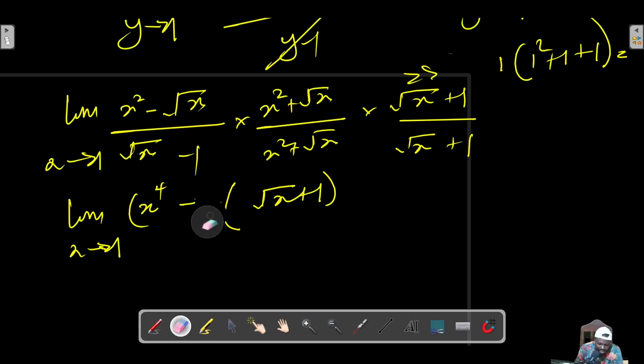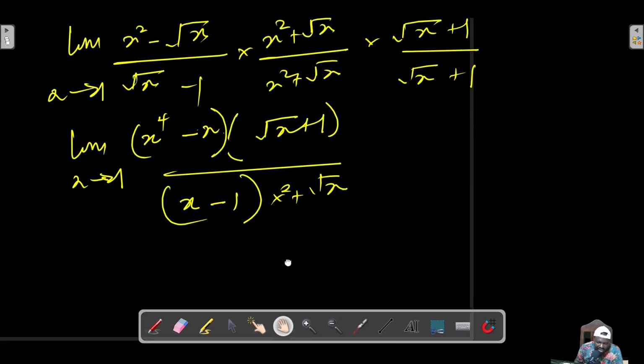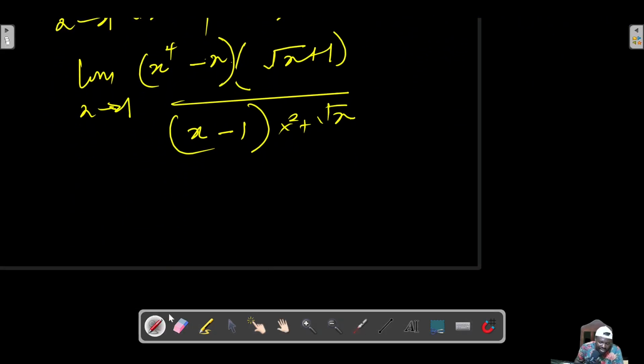Let me write this well. That is x divided by, now this expression when multiplied by this expression would also be a difference of 2 squares. So I have root of x all squared, which is x, minus 1 squared, multiplying x squared plus root x. Now from here, some of the terms can cancel out.